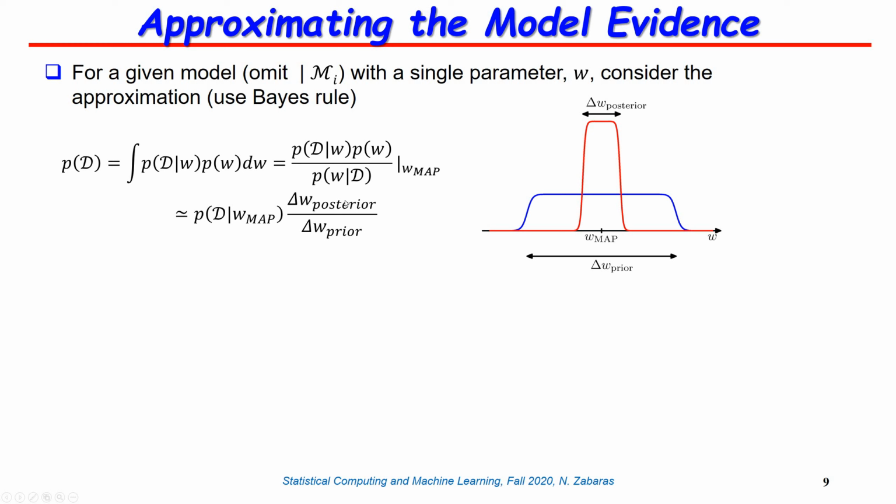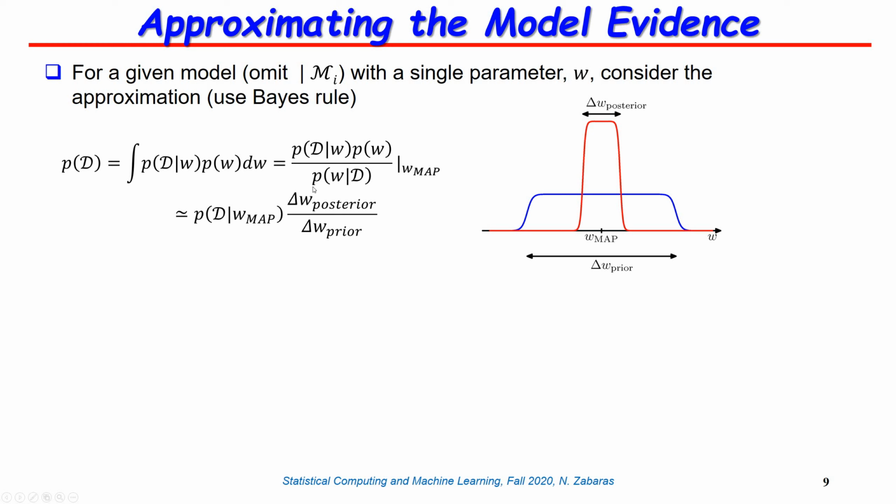And then I'm going to evaluate all of this around the MAP estimate. I am going to assume that my posterior is sharp around the MAP estimate, so everywhere where I have W, I'm going to use W MAP. So here's the prior, and from the schematic that I have here, the prior, because it integrates to 1, is 1 over delta W prior, where delta W prior is the support where the prior is non-zero.